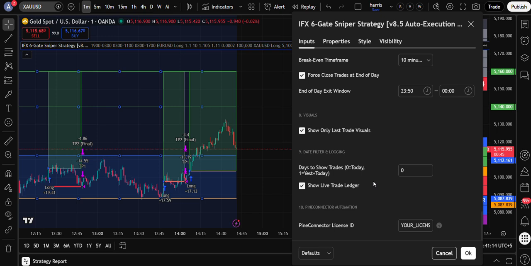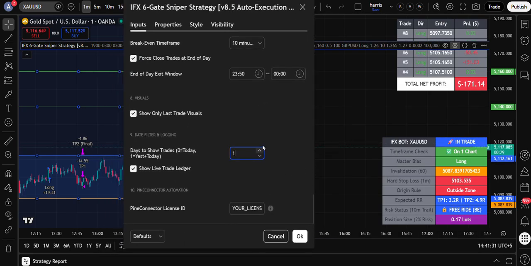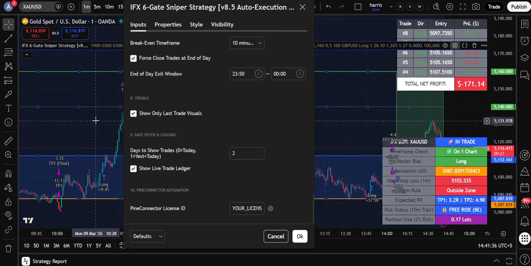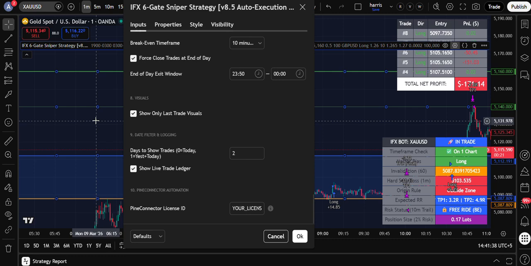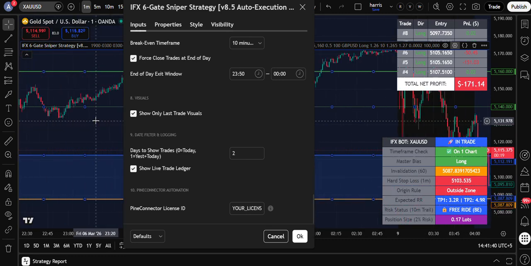Okay, now days to show the trades. If I wanted to just show today's trade, what I'm going to do is go with 0. It's written in the indicator, 0 equals today. And if I move it to 1, it will start showing me more trades. If I move it to 2, it will start showing me more trades, depending on how far I want it to show me trades.